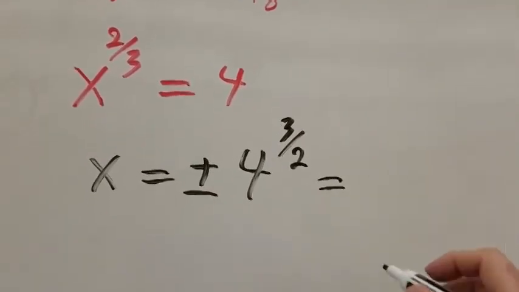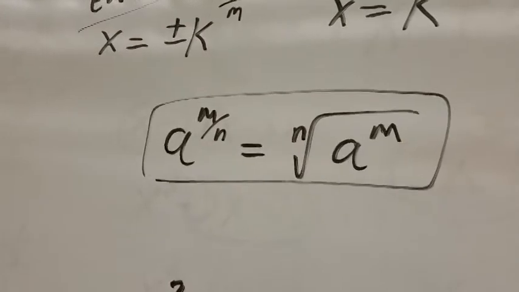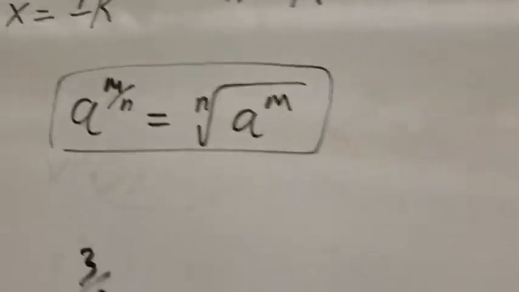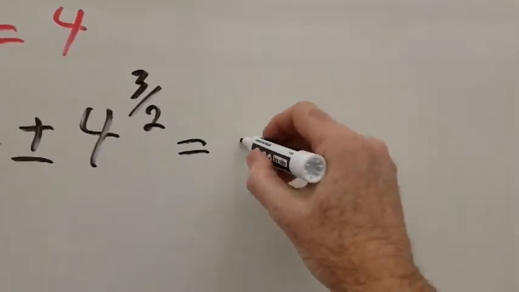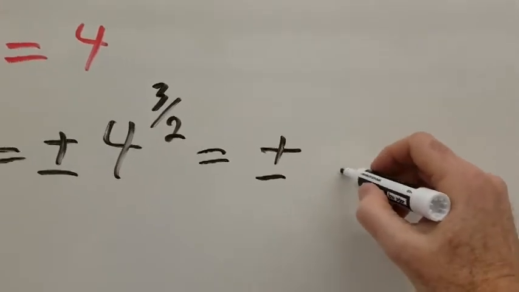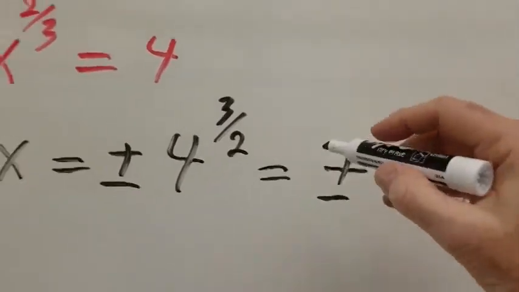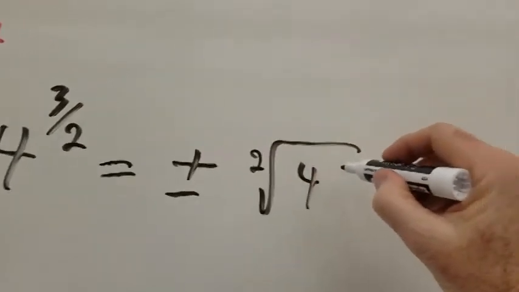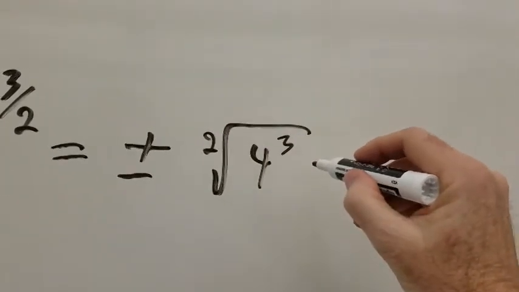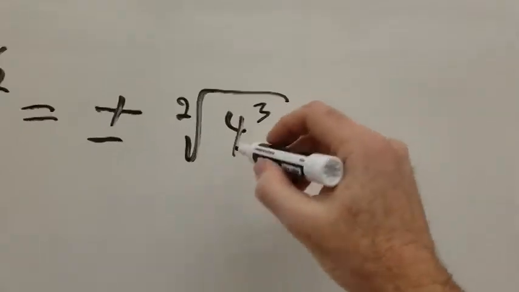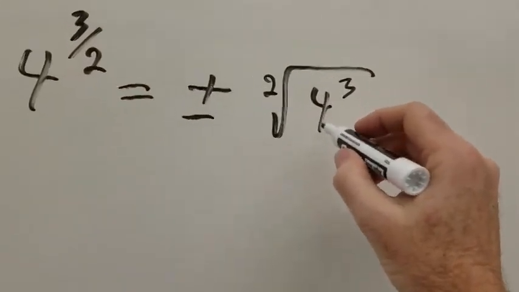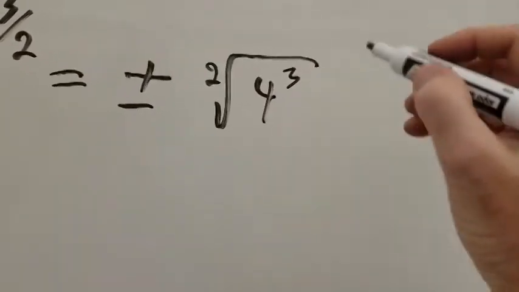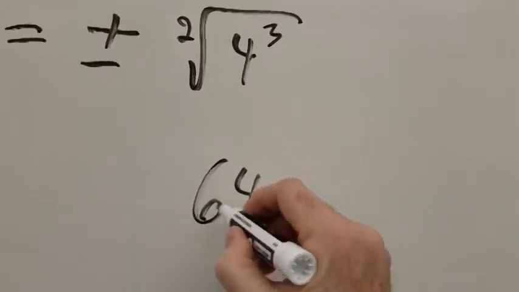Okay, and let's go to the next step, which is using this little formula here. So we don't forget the plus or minus, and put your radical and put the 4, and the 2 comes out to the here, and the 3 goes there. Let's see if we can do this. Let's do the inside next. The inside of this one is 4 times 4 times 4 is 64.